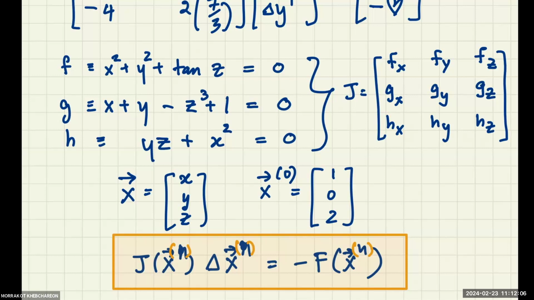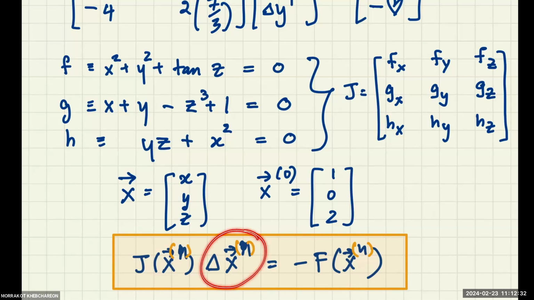You set up the system by using this formula for the Newton method, the Jacobian matrix. Replace x, y, and z, the unknowns, by the initial guess. The right-hand side is minus the function. Replace x, y, and z in it by your initial guess.